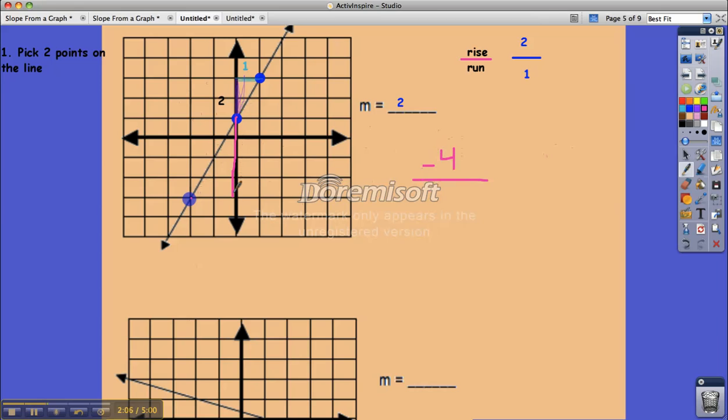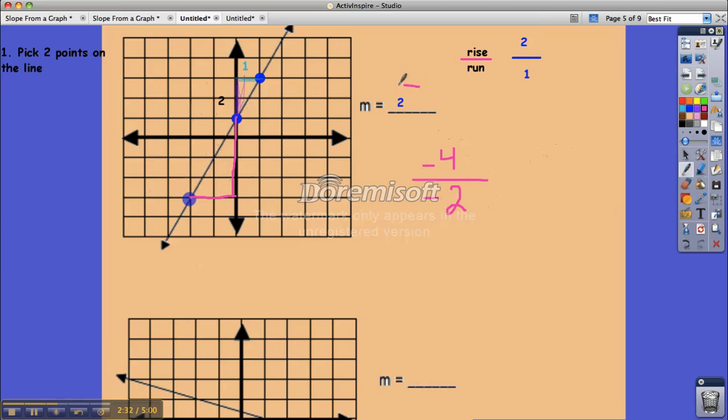So I went down 4. Now I'm going to go which direction? Left. So I'm going to go left. 1, 2. Well, when I go left on a number line, I know that means I'm going in the negative direction. So right now I went left 1, 2. That means my run was negative 2.